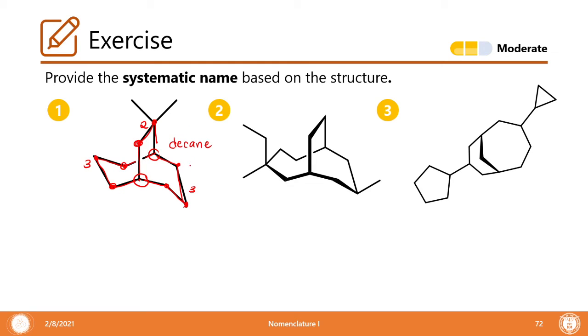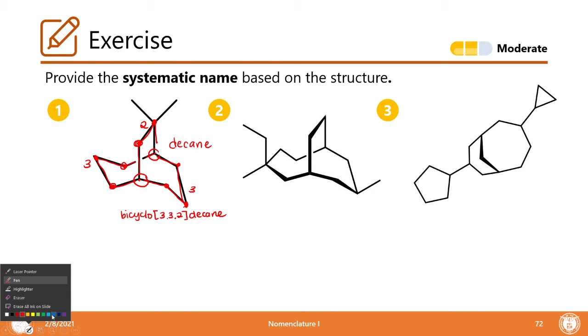Okay. So when we start numbering, but let's write our parent name first. Bicyclo 3, 3, 2, decane. And then we'll try numbering. So when we number, we want to start with the largest paths first before going to our smaller path.